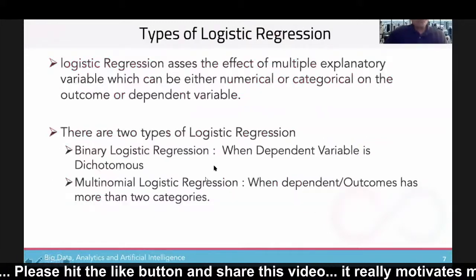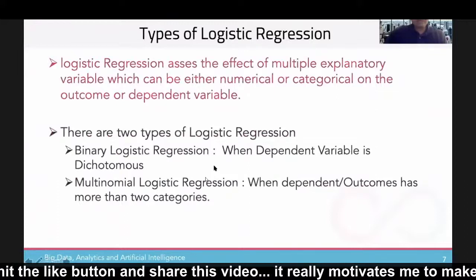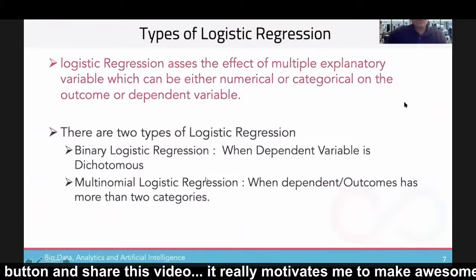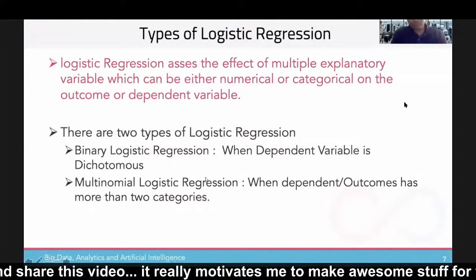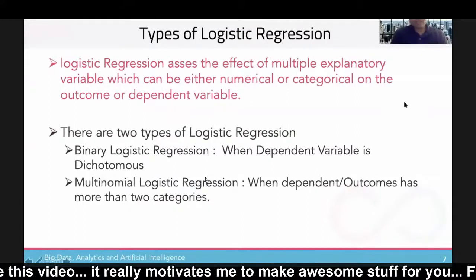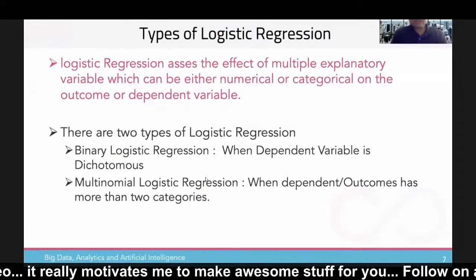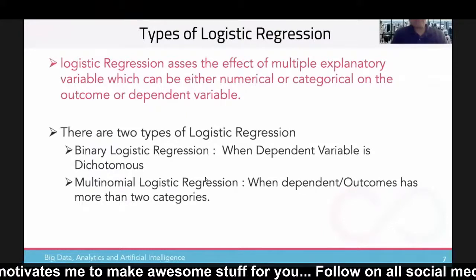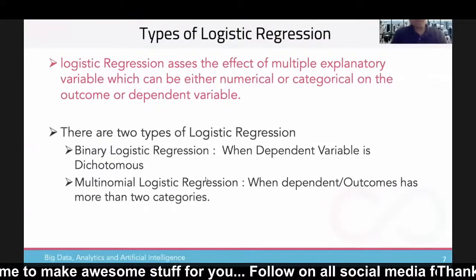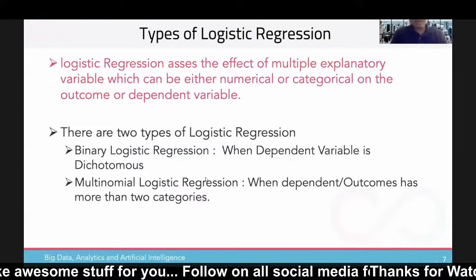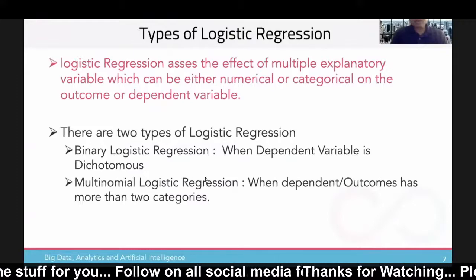Now, let's go through the types of logistic regression. Logistic regression assesses the effect of multiple explanatory variables, which can be either numerical or categorical, on the outcome or dependent variable.